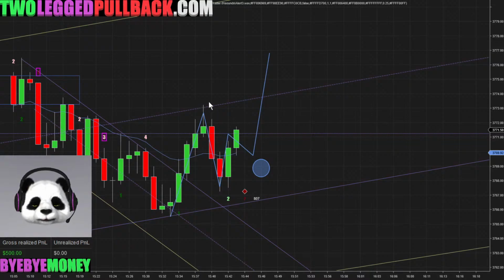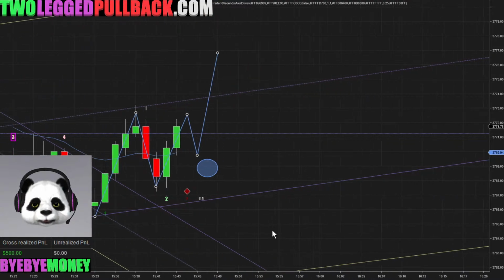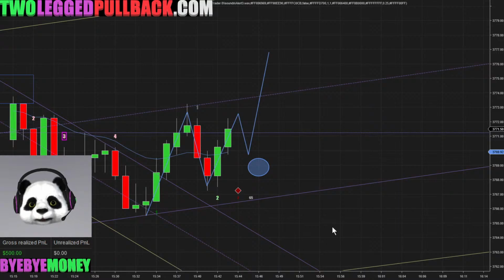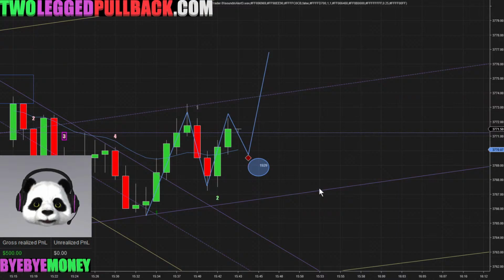I do not want this pivot high to break above this pivot high. Even though I want to go long, I do not want that to happen, or else I'll lose my two-legged pullback. So do not do that, market. Don't even think about going above this pivot high.